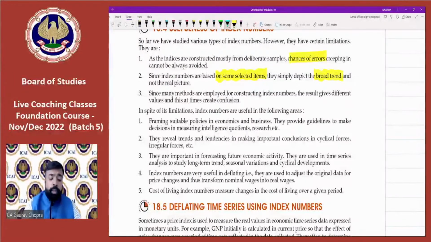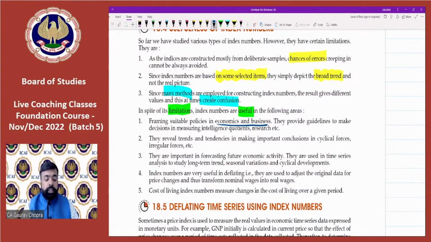Then many methods are employed. So there are many methods and each method gives different result. So it creates confusion. Okay. Now, in spite of all these limitations, index number are useful also. So where they are useful? They are useful in framing the economic policies.